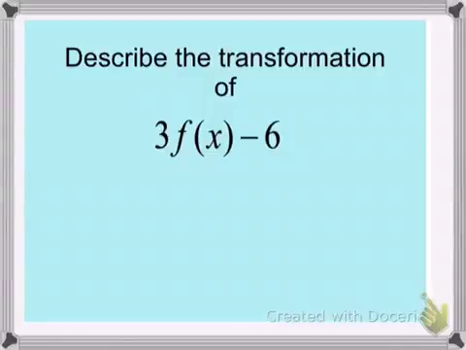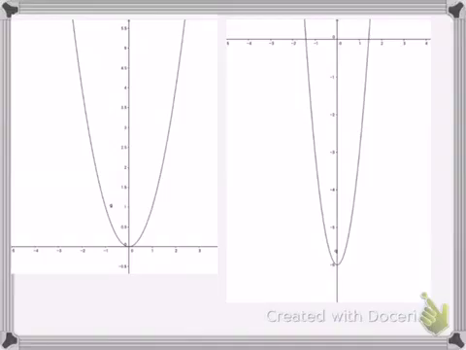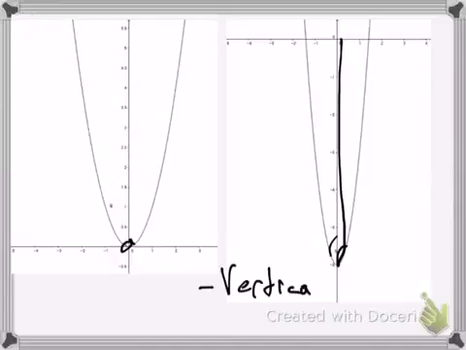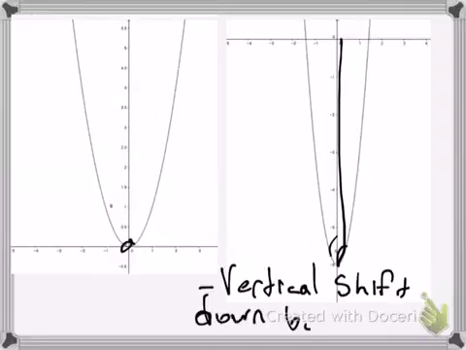This one, describe the transformation. We look right here. We see from 0, 0, it goes down 6, so vertical shift down 6. And then it's also, look at it, this goes up 1 and over 1. This one's going up 3 over 1.